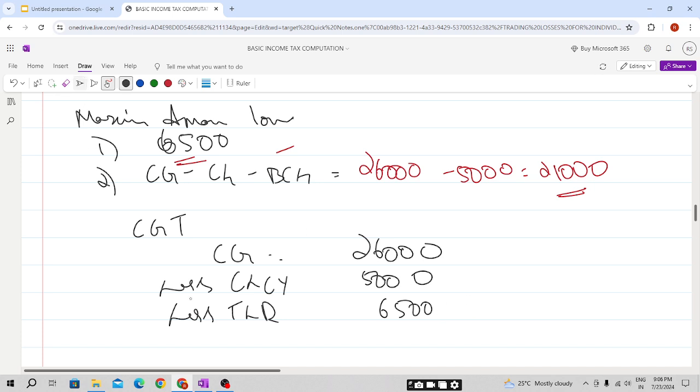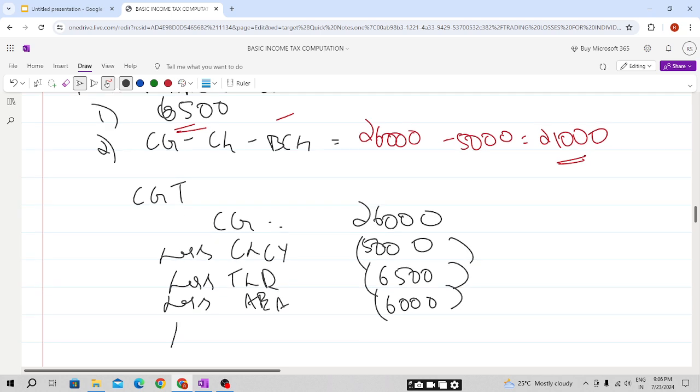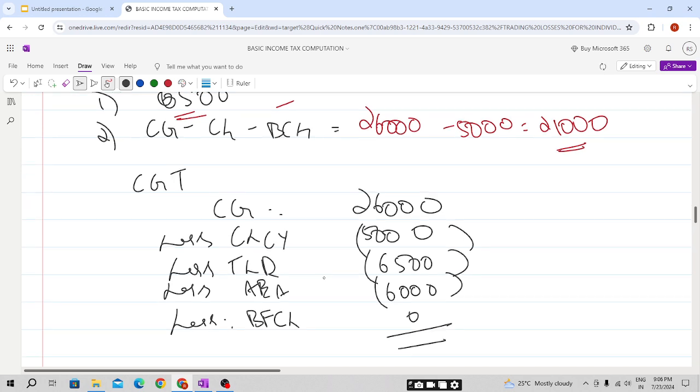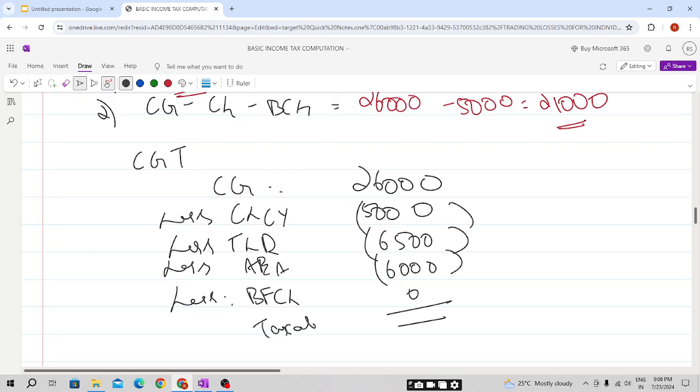Then less AEA is 6,000 and less brought forward losses, no brought forward losses students. So this will be the taxable gain on which CGT will be paid. So this will be 26,000 minus 5,000 minus 6,500 minus 6,000, 8,500. On this amount CGT will be paid.